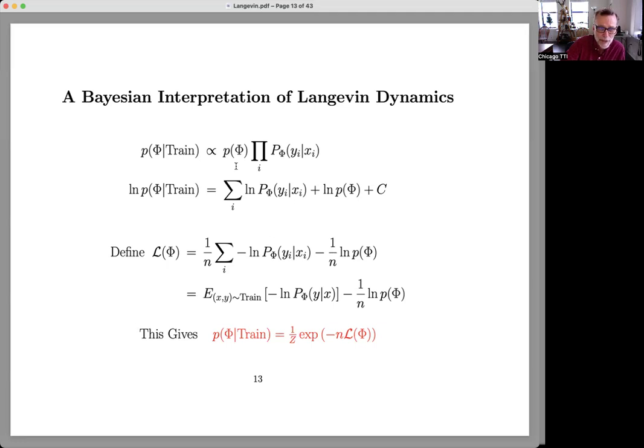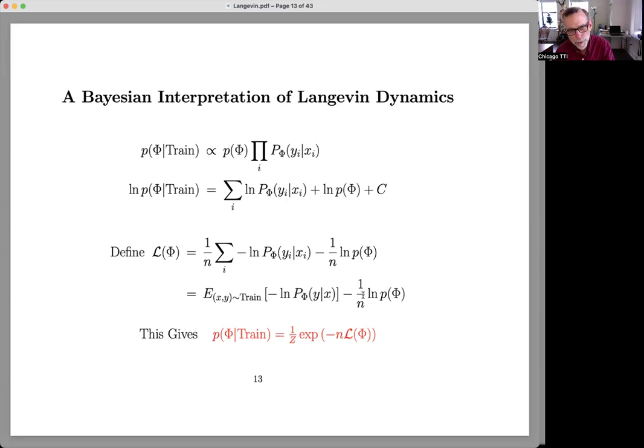Okay. There are a lot of equations on this slide. I'm going to try to cover it at a high level. What we can do is define a loss function, which is basically cross entropy loss, right? This is the average over the training data of negative log model probability of y given x. That's the standard cross entropy loss for image classification, or for any probability of y given x labeling problem.